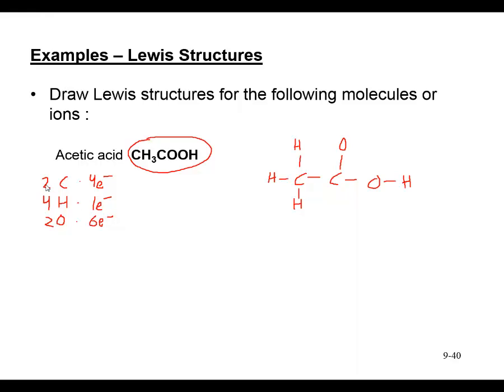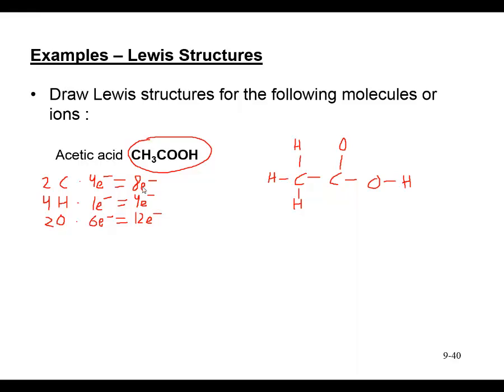So I take the 2 times 4 for the carbons. I get a total of 8 valence electrons for the carbons. I have my 4 hydrogens times 1 valence electron each, so 4 valence electrons for all the hydrogens. And I have 6 valence electrons for each oxygen, but there's 2 of those, so there's 12 valence electrons for all the oxygens.